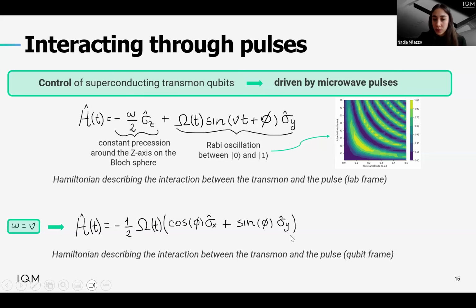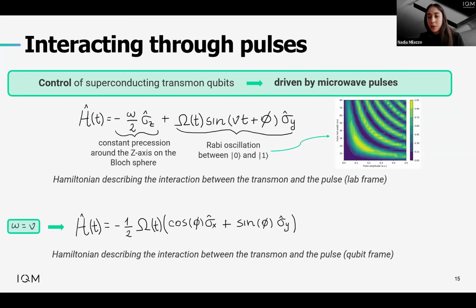You probably do not recognize them in this form, but sigma x and sigma y are the Pauli X and Y gates that Danny was talking about this morning. So these are the rotations that you have in the native gate set of IQM quantum computers. So actually here, we have reduced the expression to only sigma x and sigma y, so X and Y rotation.